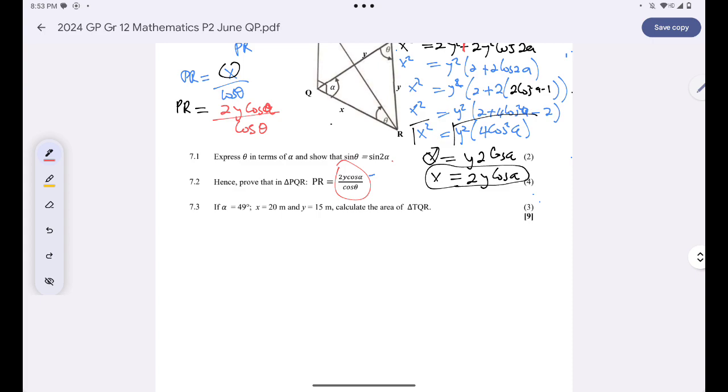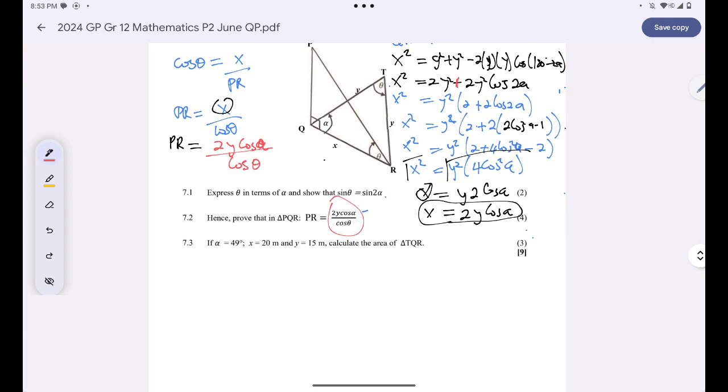Okay, if a is 49, they want us to calculate the area of triangle TQR.